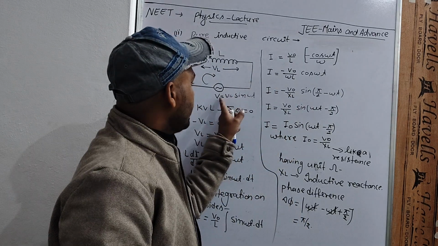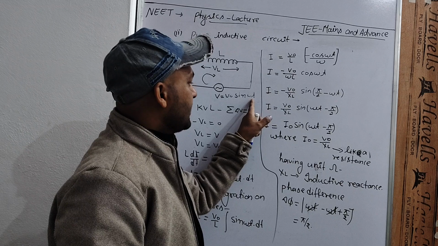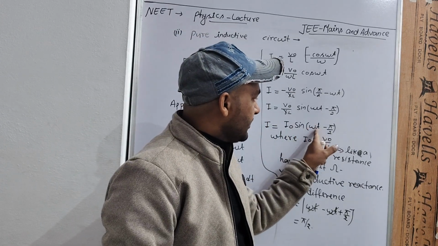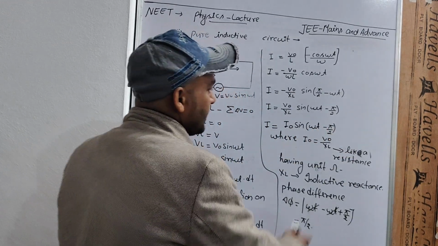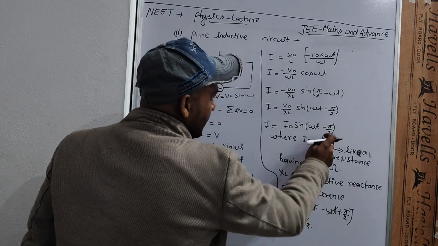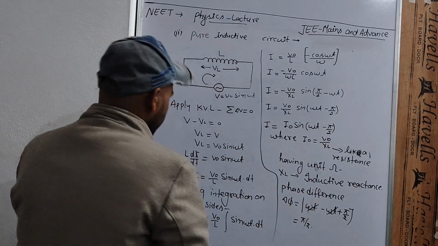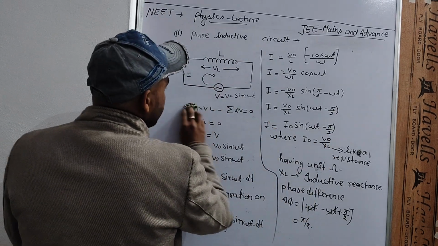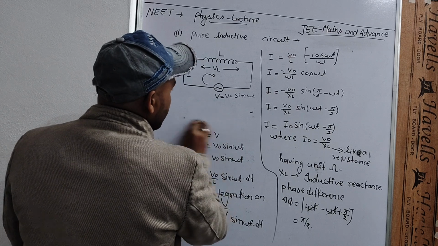The phase of voltage is omega t and the phase of current is omega t minus pi by 2. It means that the current lags behind the voltage because the phase of current is negative.